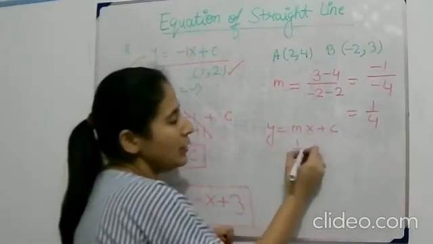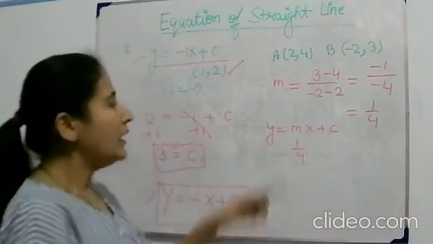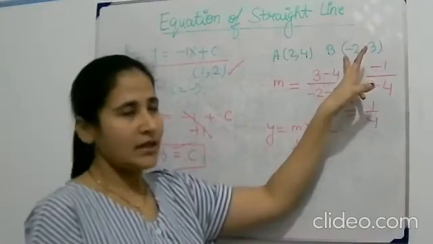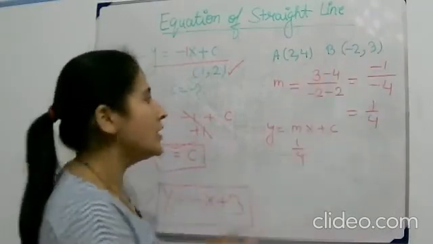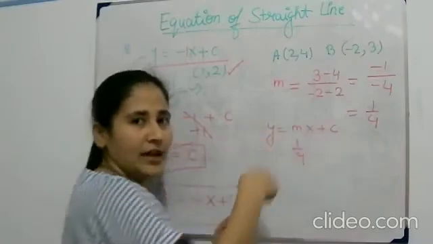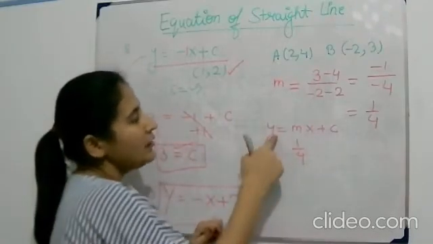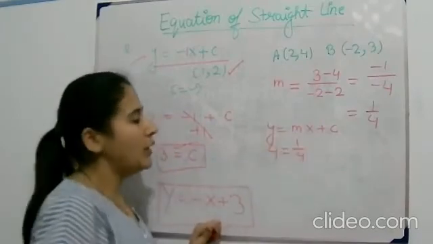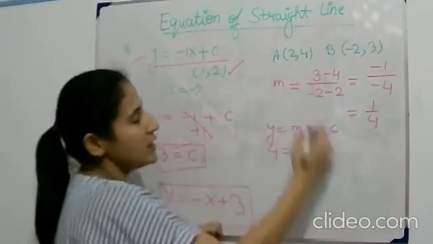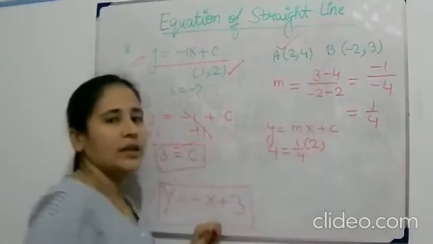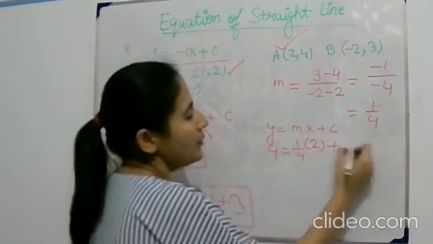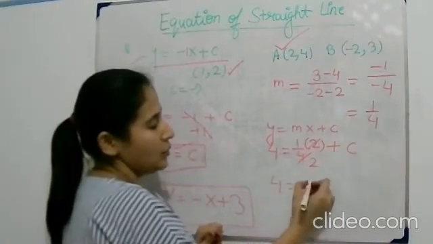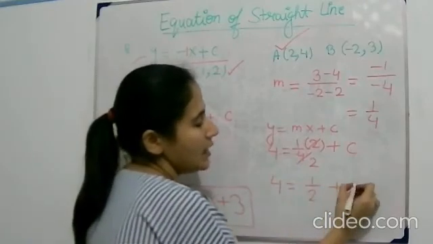If we substitute 1 by 4 here, this line will pass through these coordinates. So we can use any coordinate, because both coordinates will satisfy line AB. Let's take the value of y as 4. 4 is equal to 1 by 4, the value of x is 2, I am using this coordinate A, plus c. 2 and 4 cancel, so it is 4 is equal to 1 by 2 plus c.